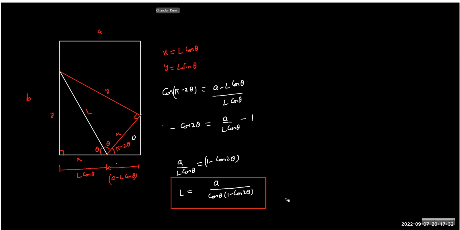And now we want to maximize this. You can write L further as A upon cos θ into (1 − cos 2θ), and 1 minus cos 2θ is 2 sin² θ.